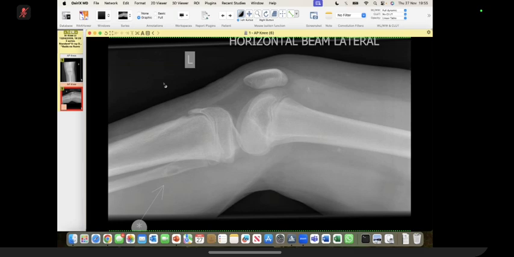However, the overlying cortex does not appear to be breached, and there is no obvious periosteal reaction noted. I'm not able to see any matrix mineralization, and the rest of the visualized bones appear to be normal, sir. May I have a look at the AP and lateral radiographs side by side?